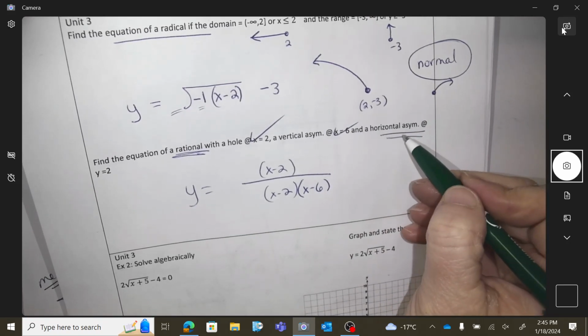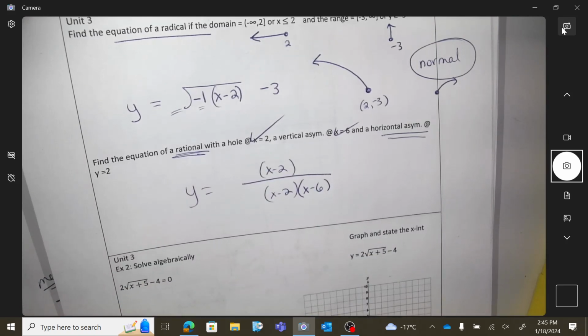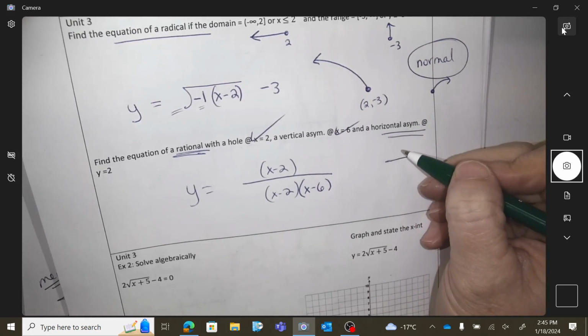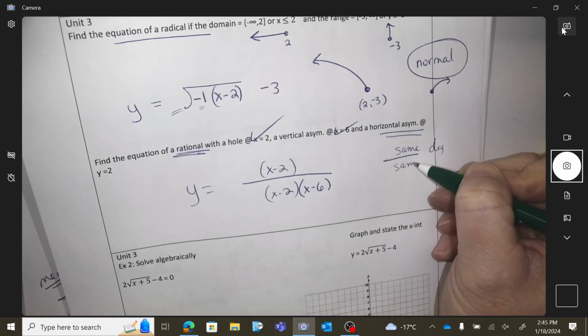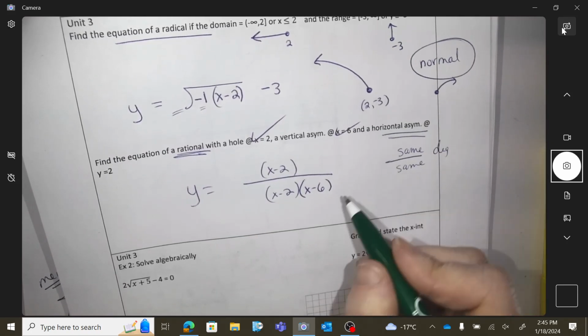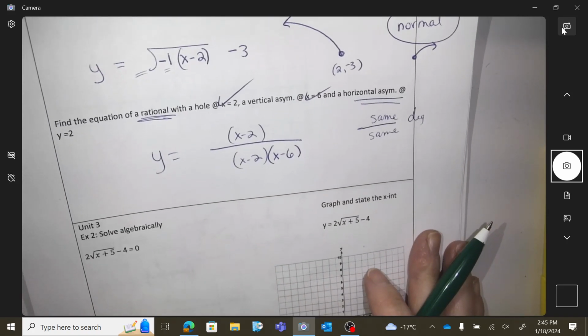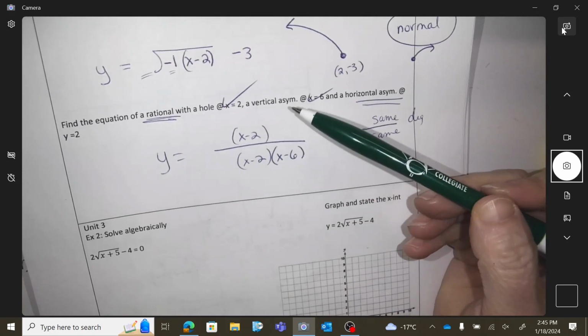How do you make a horizontal asymptote at a specific number? What's the situation with the degrees? What are they doing? They're doing the same degree. Okay, now, are they the same degree right now? No, this is an x and this is an x squared. So what could we do?